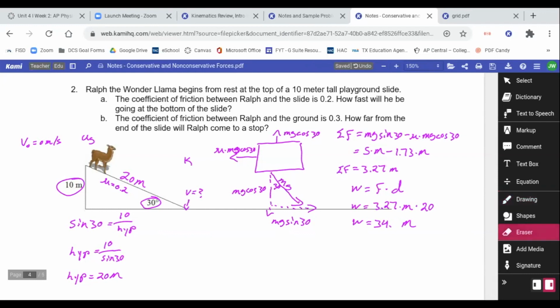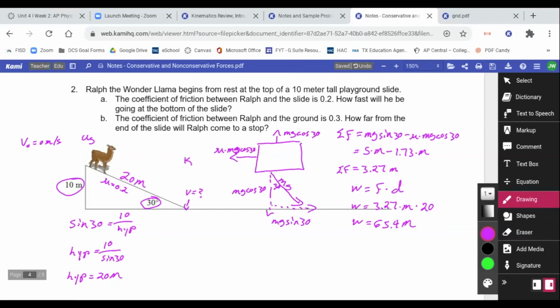Yeah, I'm looking at the wrong place. You're totally right. And thank you for being the only person that spoke up, and everybody else is like, what is he talking about? 3.27 times 20, 65.4. Yeah, that's way better. Shows you that at the end of the day, I can't run a calculator. All right. Work is 65.4 times mass. That's the work being done.